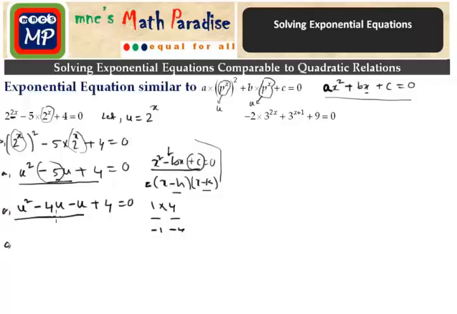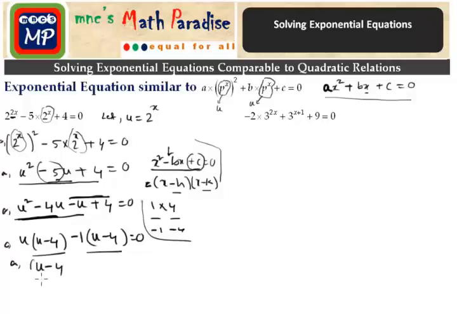Now if we take u common from the first two terms, we get u minus 4, and if we take minus 1 common from the last two terms, we also get u minus 4, because taking out the minus makes the u plus and the plus 4 minus. Now taking the common factor, we get u minus 4 times u minus 1 equals 0.